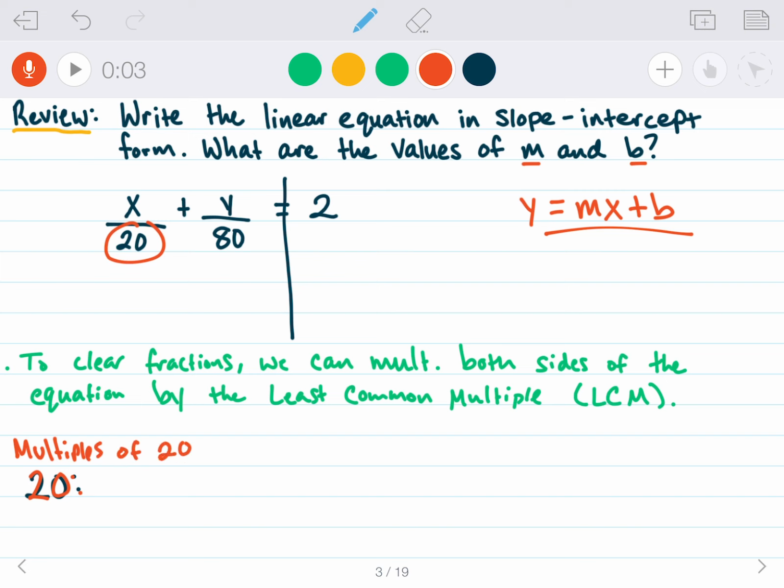Well, the first multiple of 20 is 20 times 1, which is 20. The second multiple of 20 is 20 times 2, which is 40. The third multiple is 20 times 3, which is 60, and so forth. And it goes on forever, right? Now, what about 80? What are the multiples of 80?